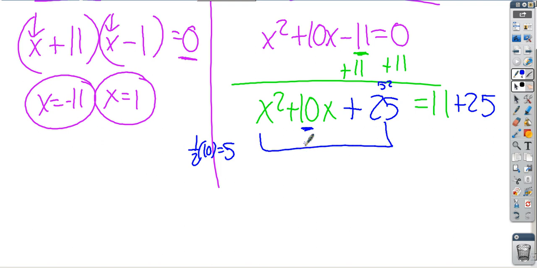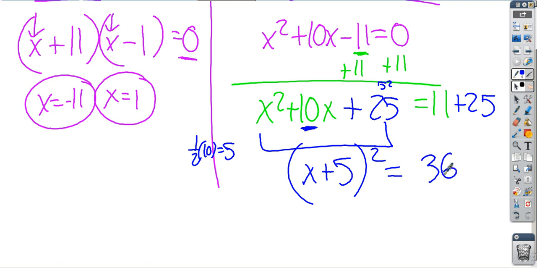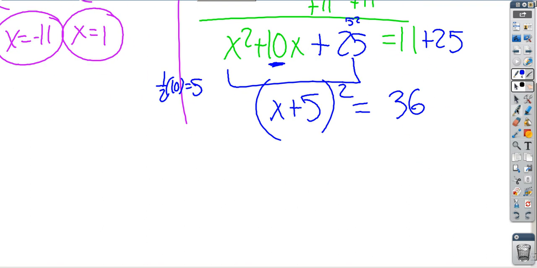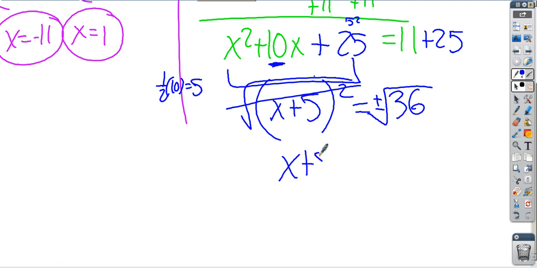Okay, this is now a perfect square. What did you square to get this? It's half of that number, x plus 5, the whole thing squared. And 11 plus 25 is 36. And now we're doing a problem like we did before. We square root both sides and put a plus or minus in front. Square rooting and squaring cancel each other out. And then the positive square root of 36 is 6.